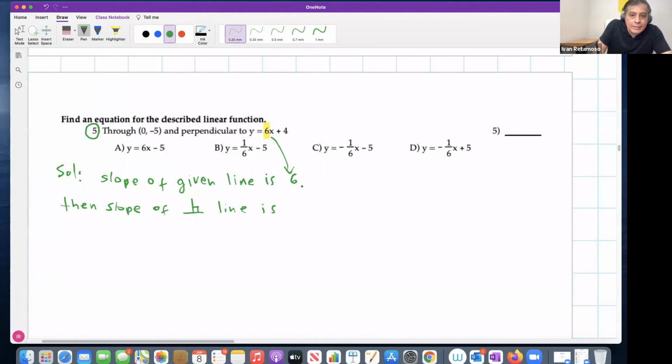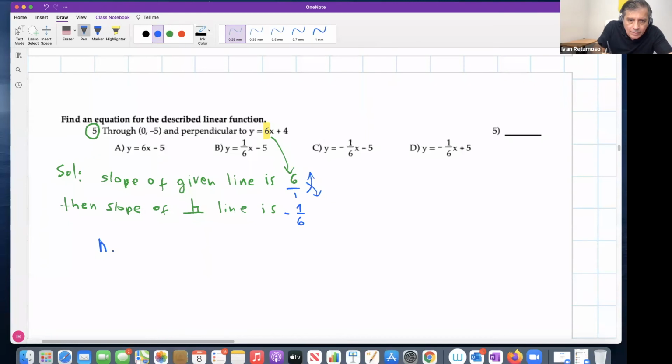Two things you do to this number 6, which is equivalent to 6/1. You gotta flip this guy. As a result, you will get 1/6. But not only that, the sign here is positive. You gotta change it to negative, right? Flip and change sign. So believe it or not, negative 1/6 is the slope of the perpendicular line.